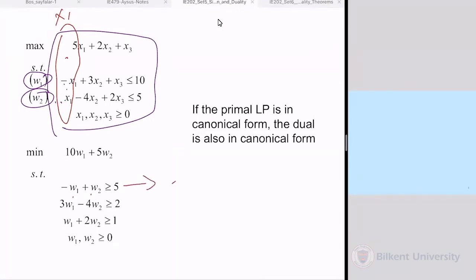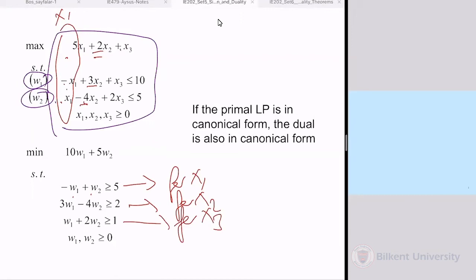This is for x1. Yeah? This is for x2 multipliers. 3W1 minus 4W2 should be at least 2. And this is for x3. W1 plus 2W2 should be at least 1.